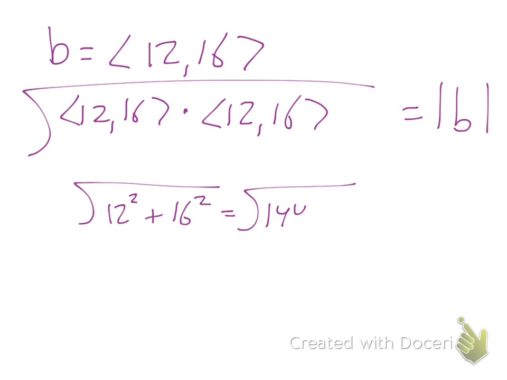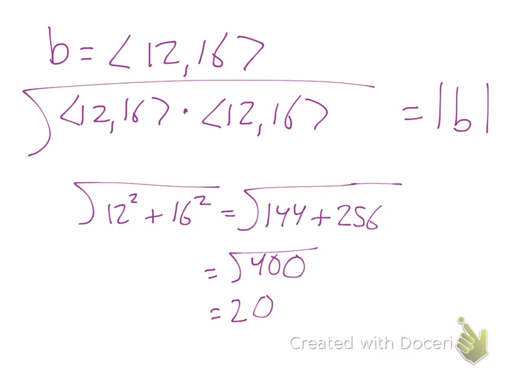Square root of 144 plus 256, which equals the square root of 400, which actually equals 20. So the magnitude of b is 20.